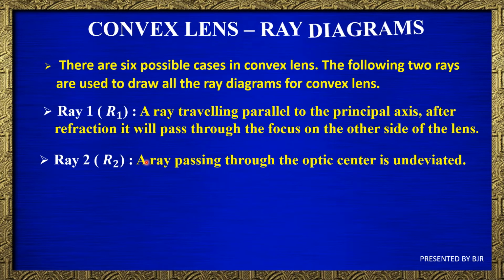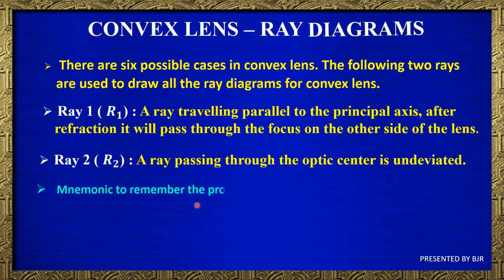Here I am using a mnemonic called LOST, L-O-S-T, in order to remember the properties of the image easily. Here I am using one particular order, so you can write in whichever order you want, but here I am giving a convenient way to remember the properties of the image.